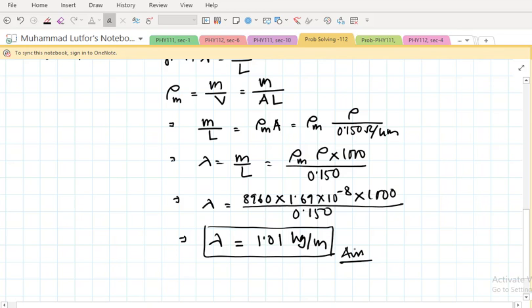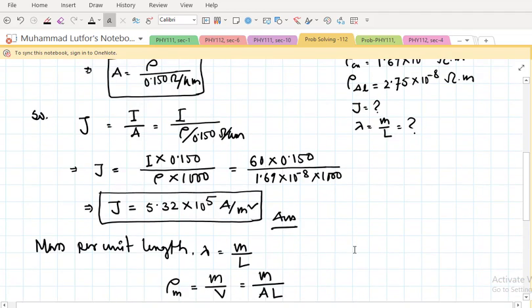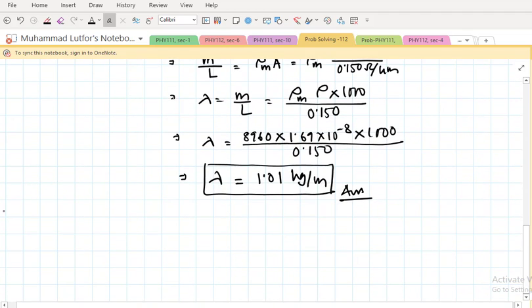Now for aluminum wire, we can find the current density.